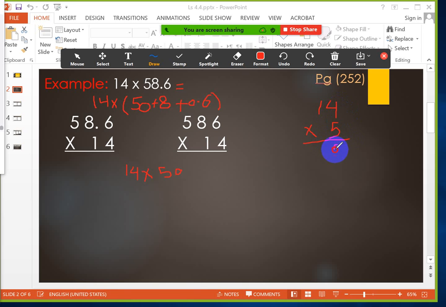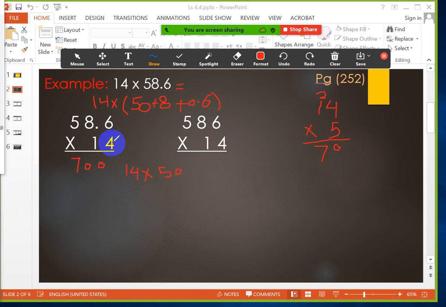So I will put 0 here and 2 above the tens. 5 multiply 1 equals 5 plus 2 equals 7. So the first answer is what? 70 and put 0. Thank you, Larissa. Excellent. Put 0 next to the answer, so it will be 700. This is the first step.